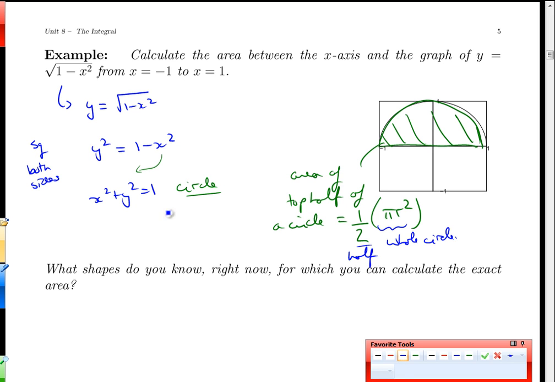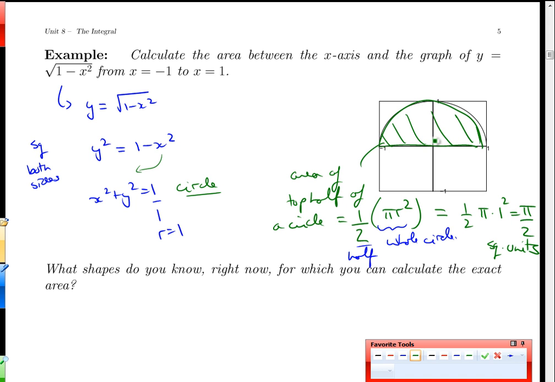All right, and the radius here is 1. So in this particular case, we get 1/2 times pi times 1 squared, or pi over 2 square units. All right, so easy, fantastic. We know how to find the area underneath a circle.